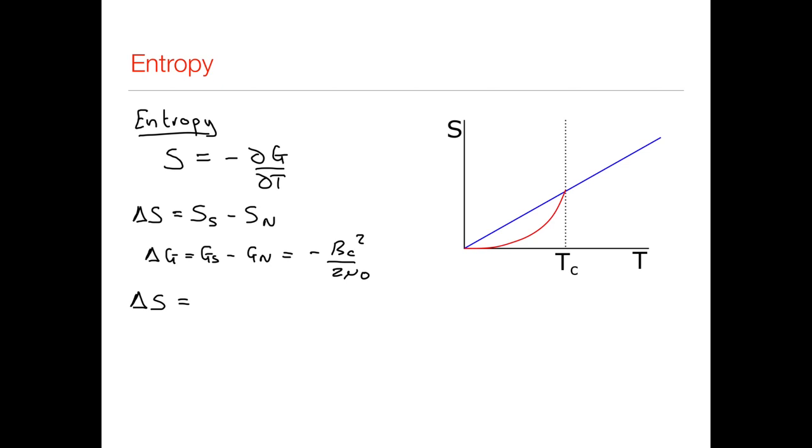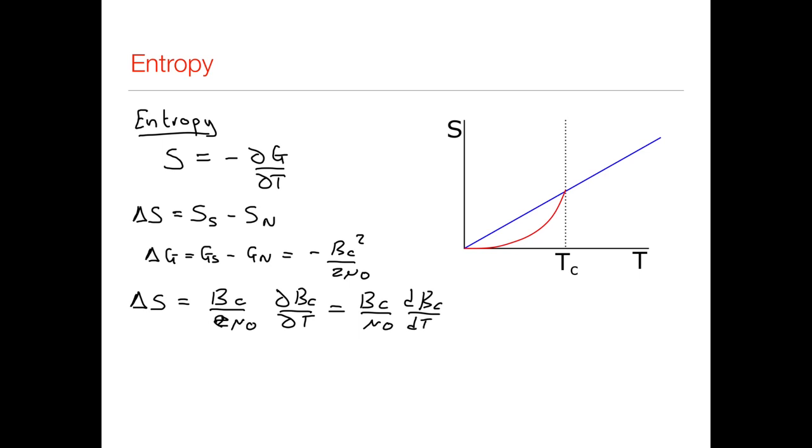The 2's will cancel. I'm going to have BC over mu naught times dBc by dT. In fact, because we know that B is just a direct function of T, I'm actually okay to write this as dBc by dT, because there's no other variable.